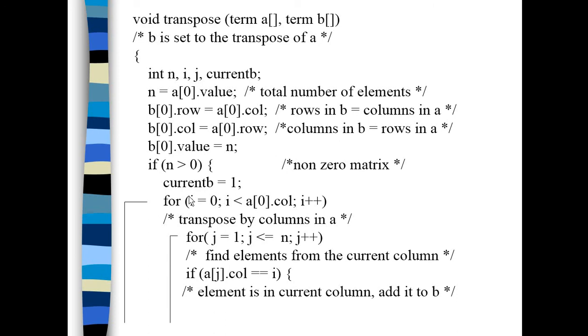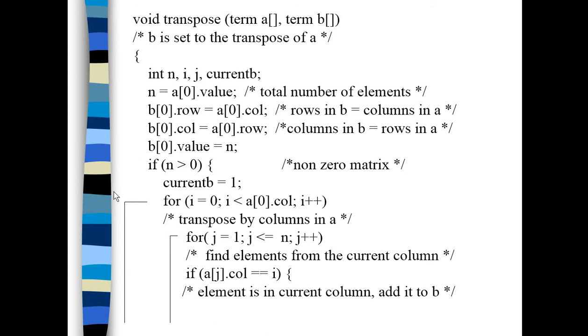Current B initially we'll make 1, then one by one we will access the non-zero values and store them. A of 0 dot column is the number of rows for the transpose matrix.